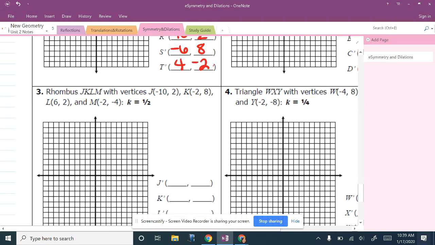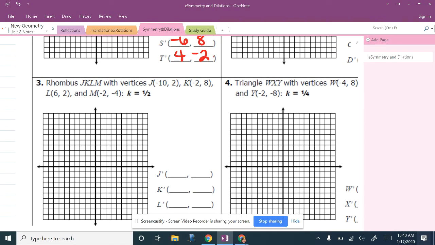So on number 3, the scale factor is what? 1/2. So what do you think the coordinates for J prime are going to be? Negative 5, 1. What do you think K prime is going to be? Negative 1, 4.